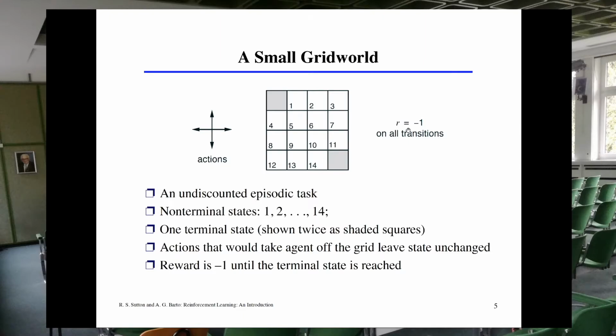The reward function is going to give a -1 reward after every transition. Every time you move around you will receive a -1.